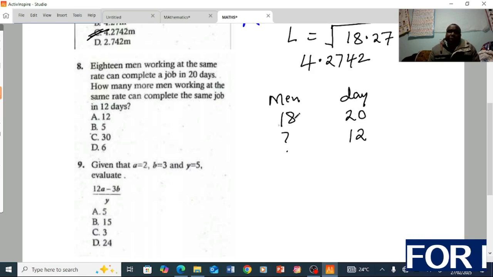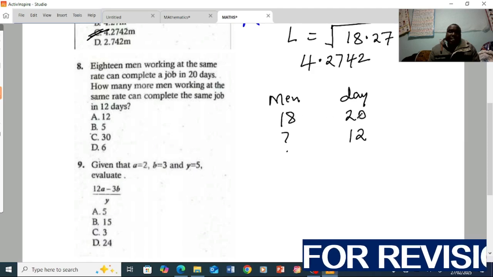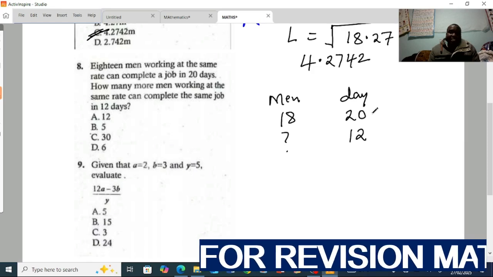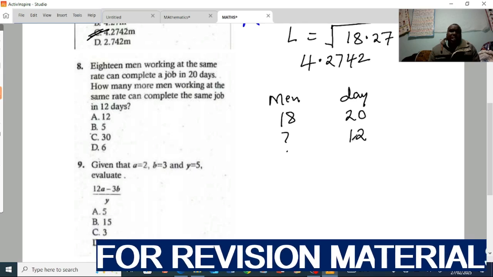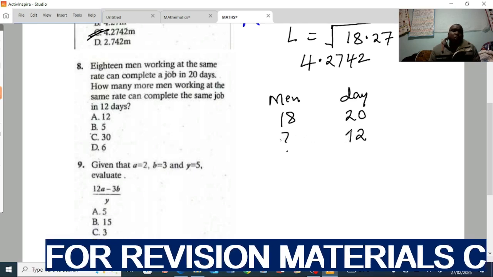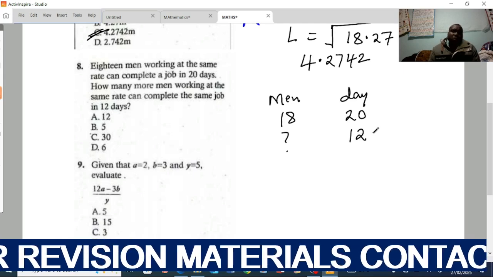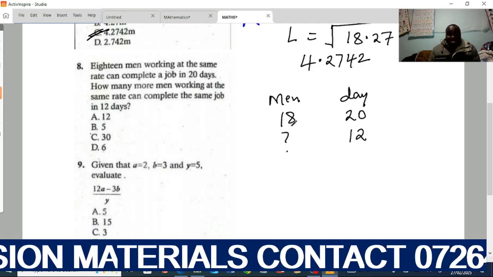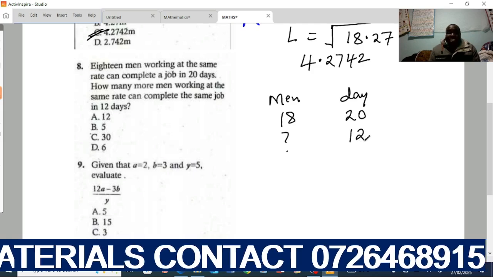Here you ask yourself, if 18 men can do that work in 20 days, for these men to do the work in 12 days, are they supposed to be more or less? Definitely, if they have to do the work in 12 days, then these men must be more than 18. They must be more than 18 to do the work in fewer days, right?